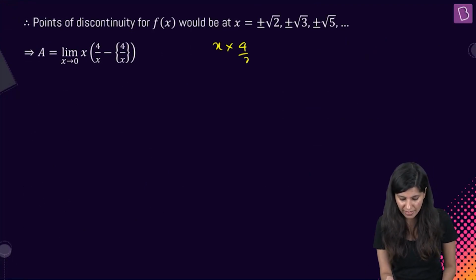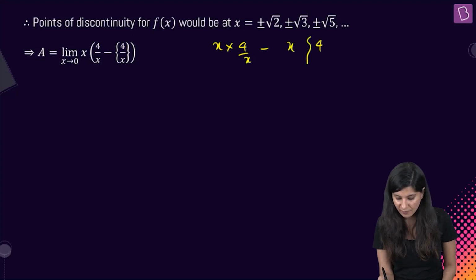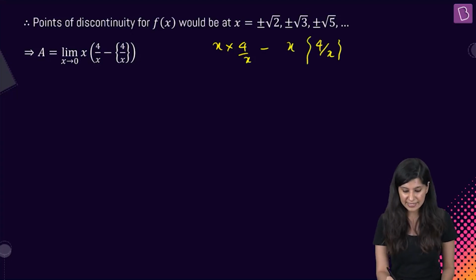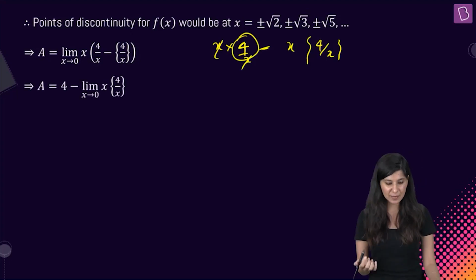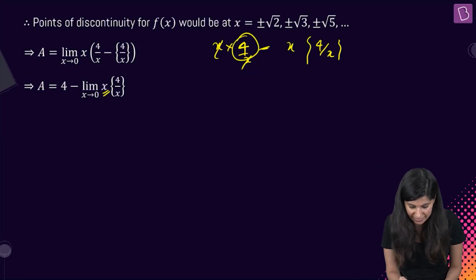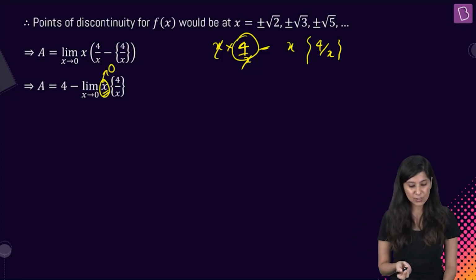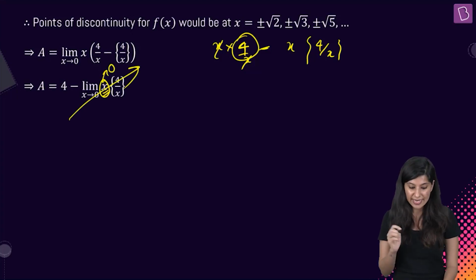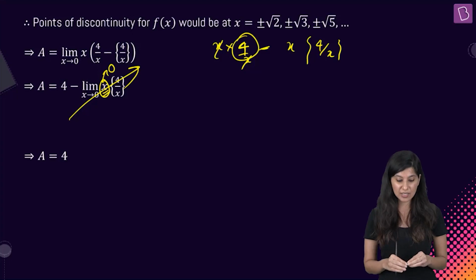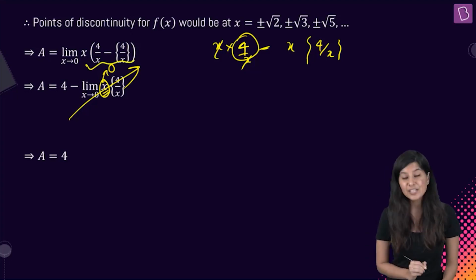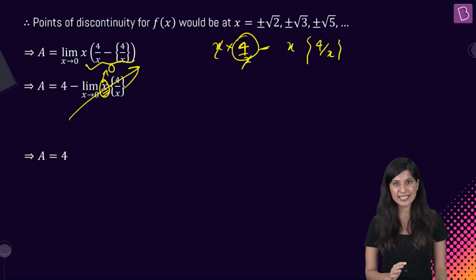X multiply 4 by x minus x multiply fractional part of 4 by x. This x is gone. So we are left with 4 minus x multiply fractional part of 4 by x, right? Now this x is tending towards 0. So this whole thing is gone. A is exactly equal to 4. That means the limit of this particular expression is nothing but 4. A is equal to 4.